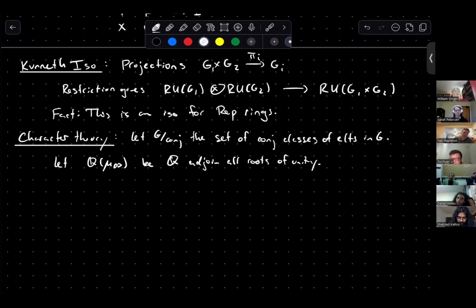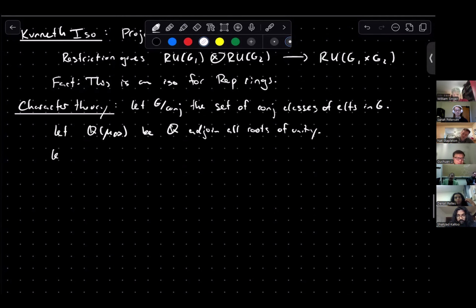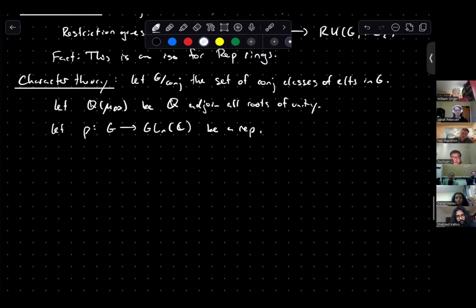Then if I have a representation rho, which now I want to think about as a group homomorphism from G to GL_n of C, a G representation, then for each g in G, I can consider the trace, which I'm going to write lowercase, of rho of g. This is trace, not transfer.